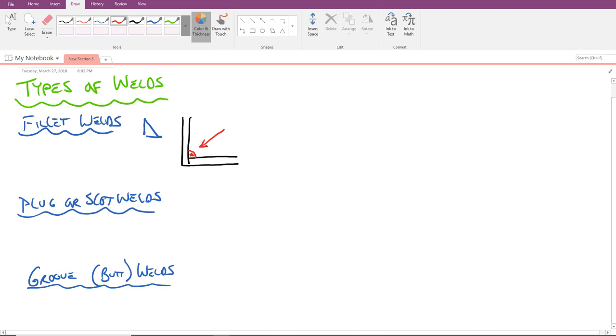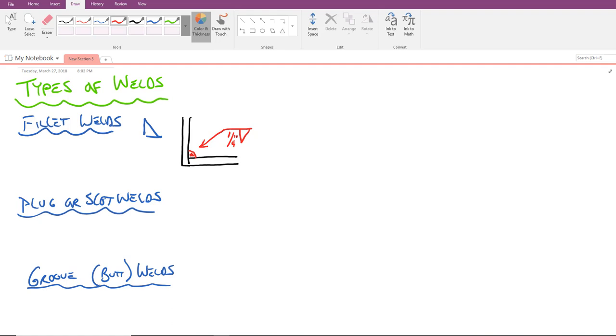The symbol might look something like this, where we see the triangle for the fillet weld, and it might even notate the size, a 1/4 inch fillet weld connecting those two materials together. It's one of the most common types of welds.